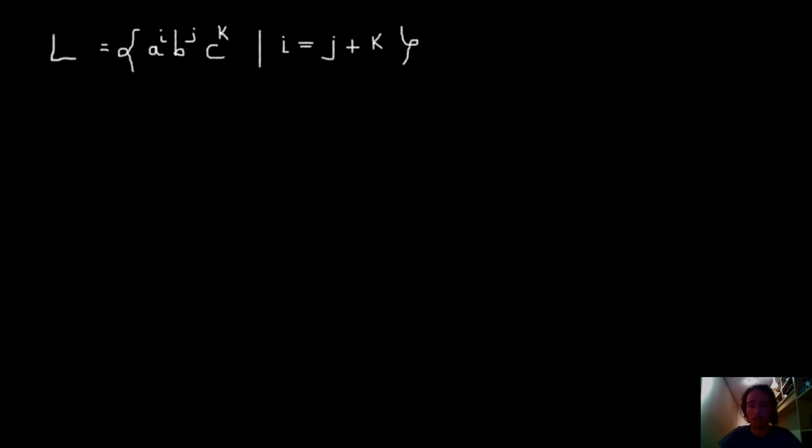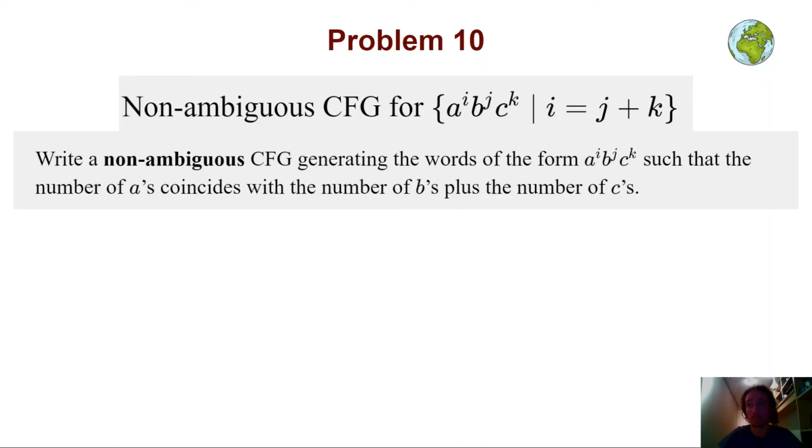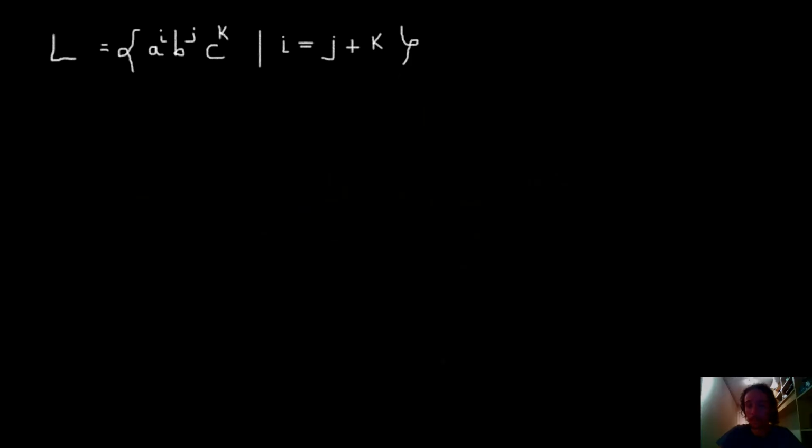Very well. Once we have seen the words that this language accepts and the words that it does not accept, and we deeply understand this language, let's start with the construction of this context-free grammar. So we will begin, as always, from the initial state. This is the initial state.